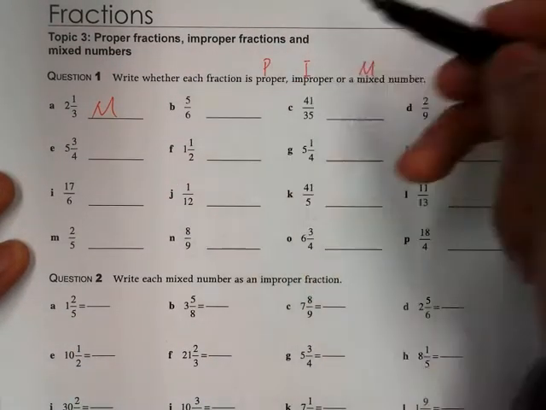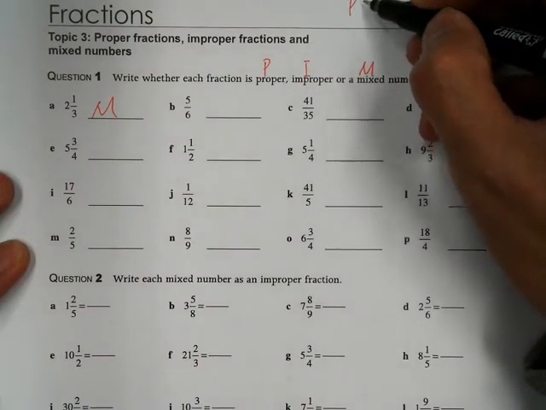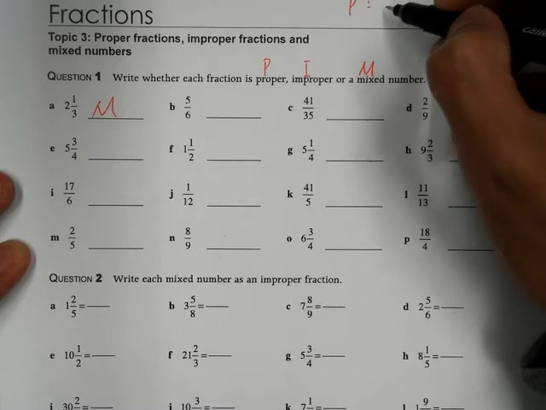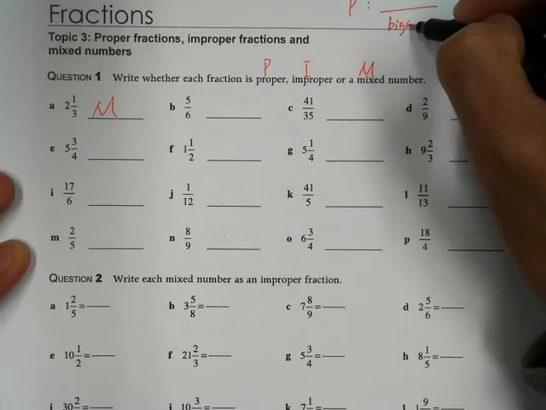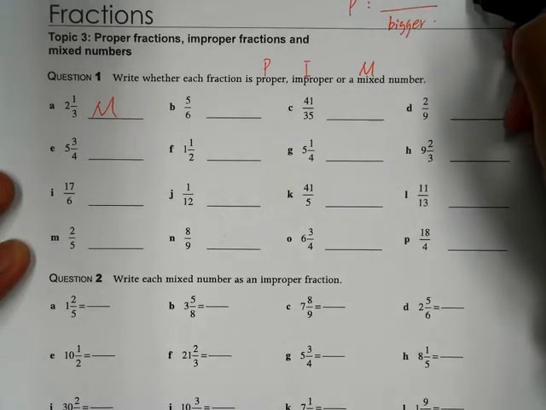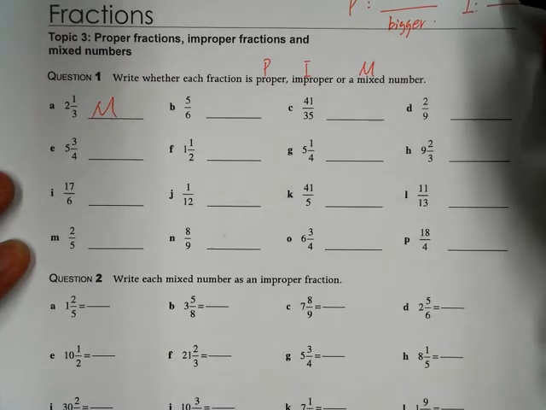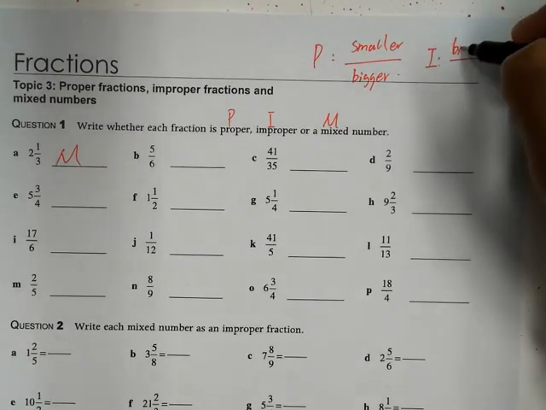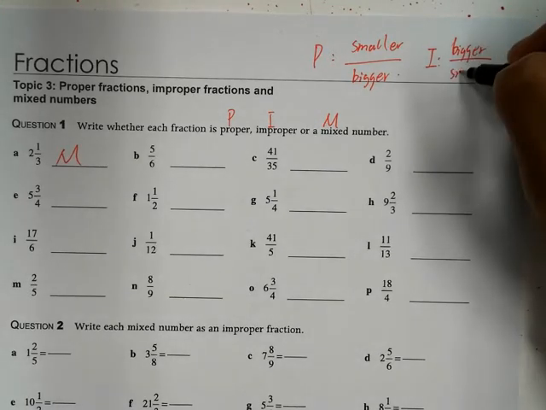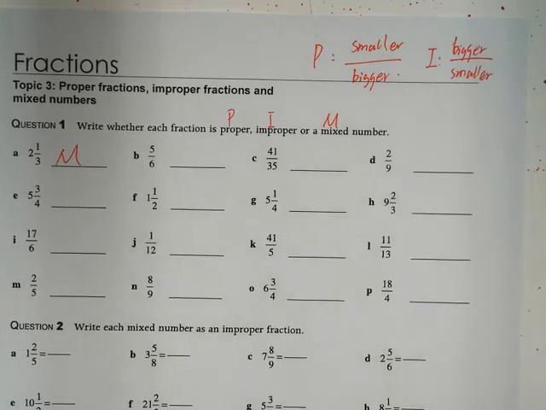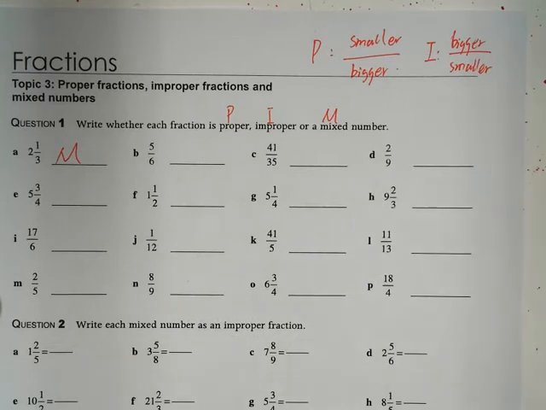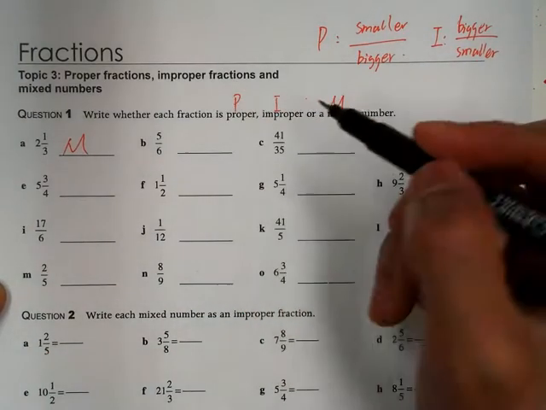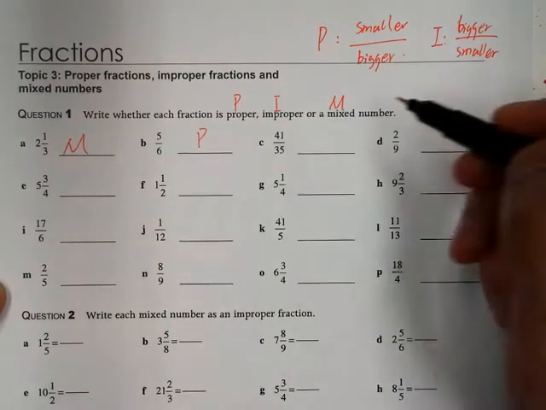A proper fraction has a smaller numerator and a bigger denominator. If it's an improper fraction, the numerator should be larger or bigger, and the denominator smaller. A mixed number comes with a whole number. The second one is a proper fraction.